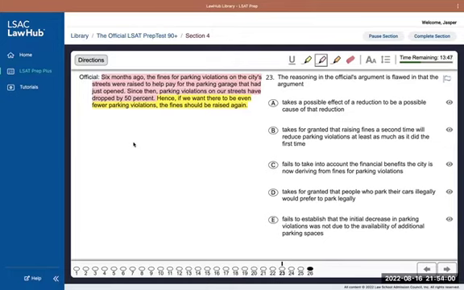The core flaw there is correlation causation. But there are a few different ways that we can describe that flaw of assuming causation from correlation.